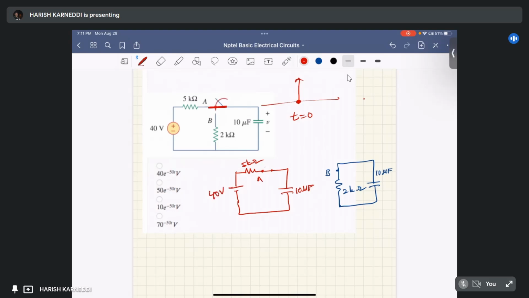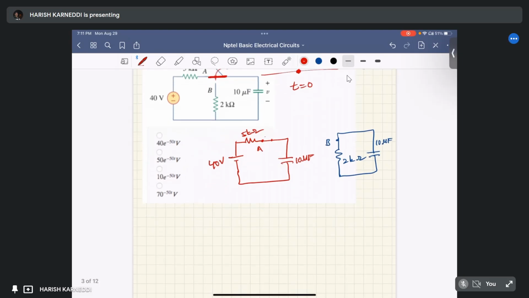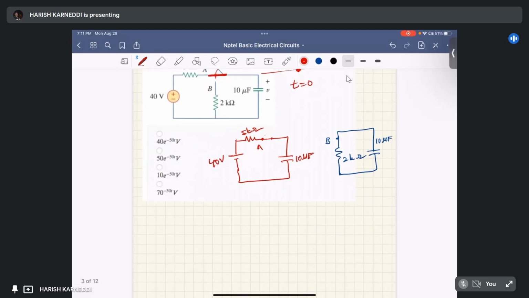What is the steady state behavior of the capacitor? What's the capacitor equation? I equal to C into dV by dt. At steady state, the change in voltage is zero, right? The dV by dt term becomes zero, which means I equal to zero.